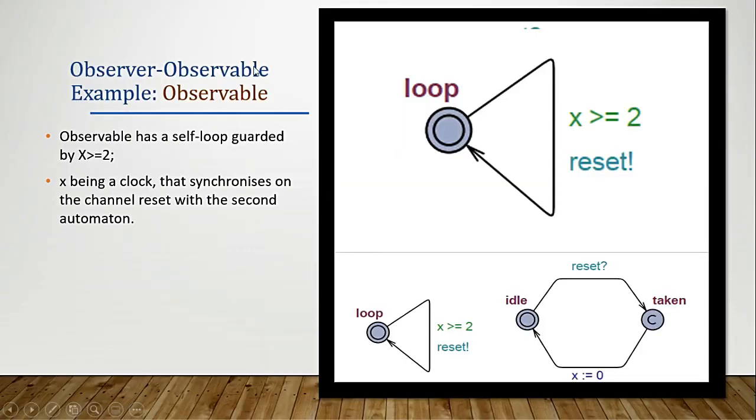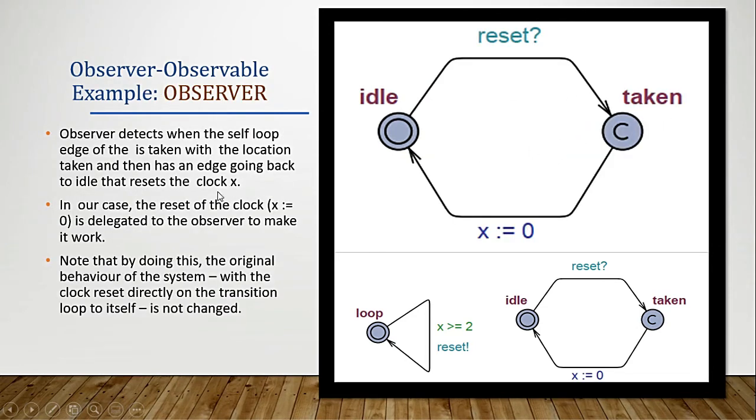The first one is the observables. The observables is just a loop, and this loop has a channel to reset the time. We also put some guards, and later you will see the purpose of these guards. Here are the observers. The observer has two locations, or two states: the IO and the ticket.